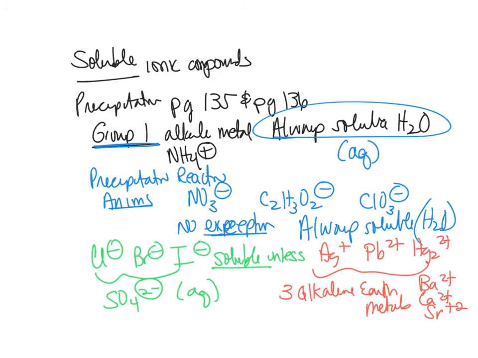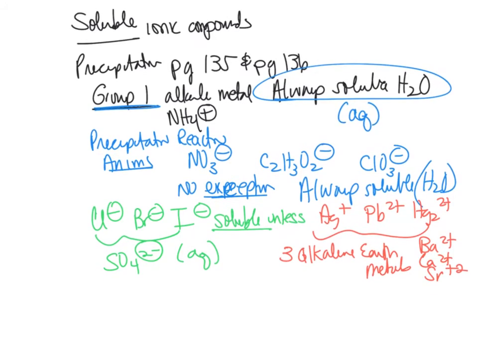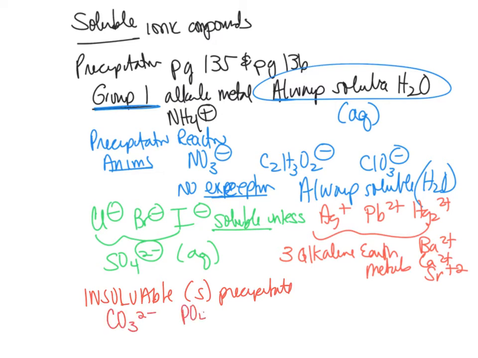And so some insoluble compounds, so you want to write solid, they're going to precipitate out of an aqueous reaction, are the carbonate, which is a 2-, the phosphate, which is a 3-, and the chromates, there's 4 of them, and the sulfide.